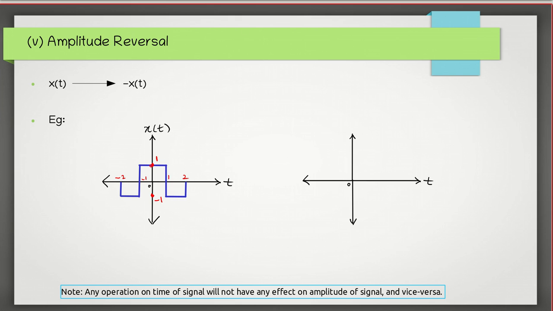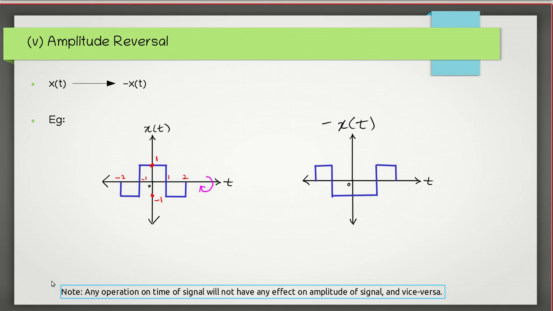So to obtain this, we can just rotate the signal about the t axis such that the positive half and the negative half of the amplitude get interchanged. So for the following example, let's try and apply amplitude reversal. So we will get something like this. This will be your minus x of t.